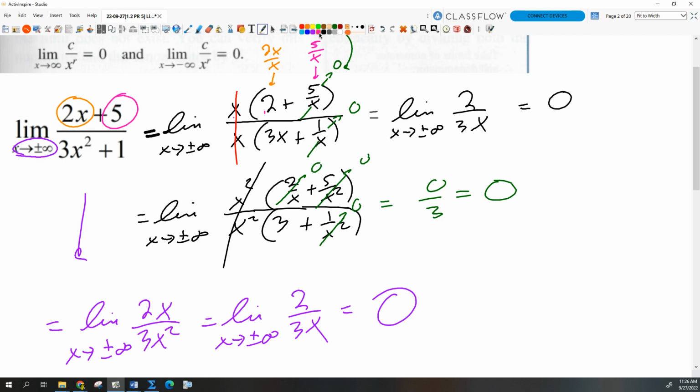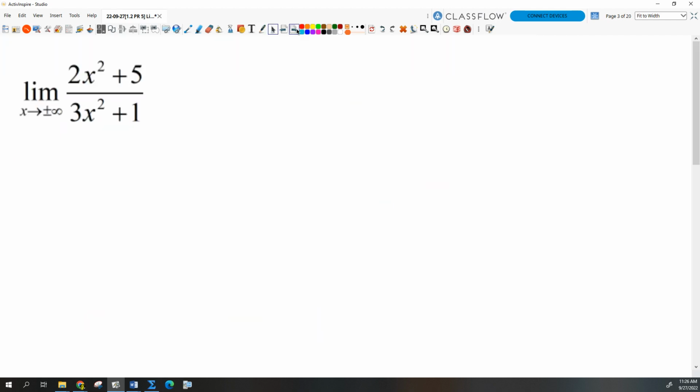Okay. Let's look at another example. How about one like this? Anyone care to make a guess what the limit's going to be? What do you think? What's that limit going to be? It's 2/3. Yeah. How come? Anybody else want to explain why it's 2/3?